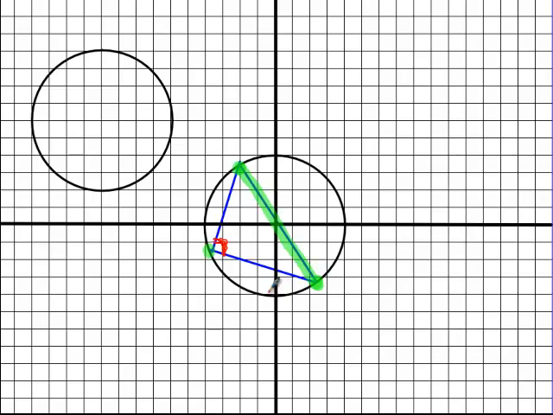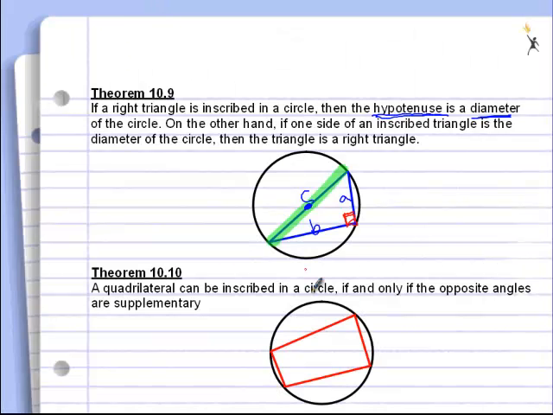Hopefully that isn't too hard to understand, because then we're going to apply that same idea to a quadrilateral. A quadrilateral can be inscribed in a circle if and only if the opposite angles are supplementary. What that means is opposite angles, angles that are on opposite sides, have to be supplementary.